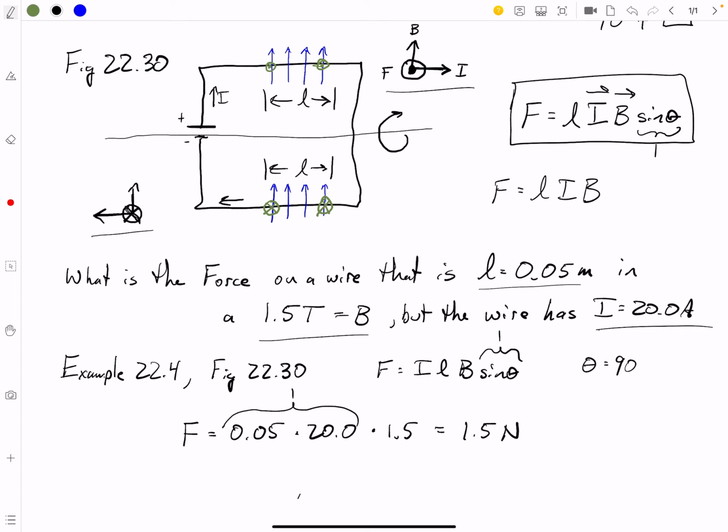So we've got 1.5 newtons equals our force. It's a lot of newtons. It's a lot of B field is what it really is to get 1.5 newtons. But that is what happens sometimes.